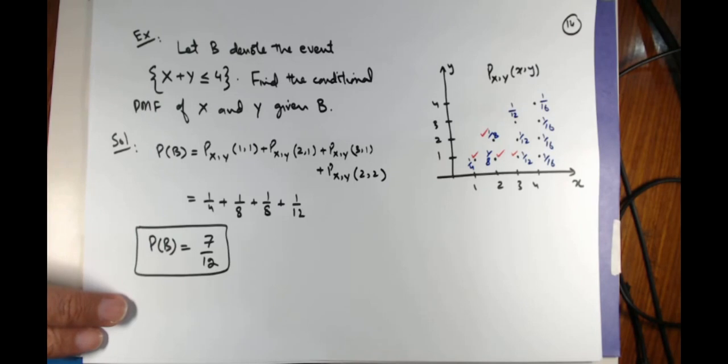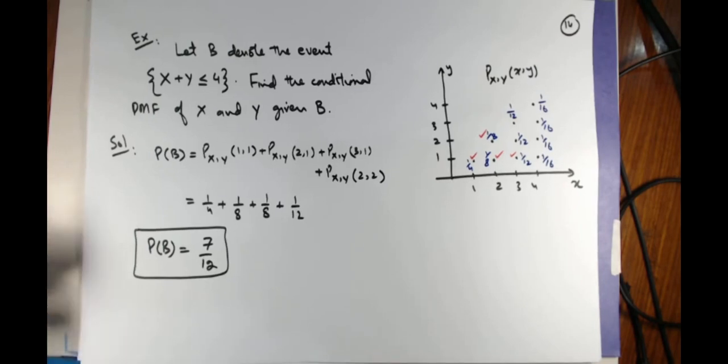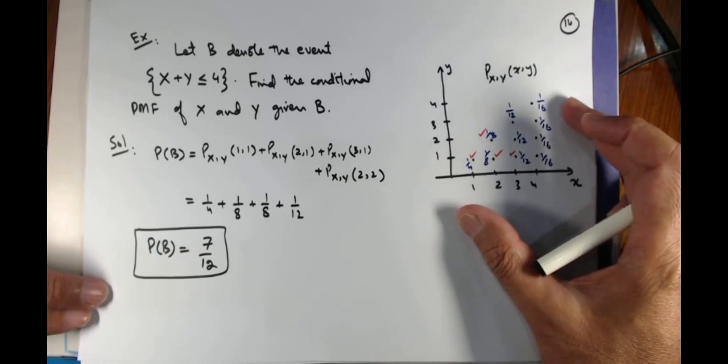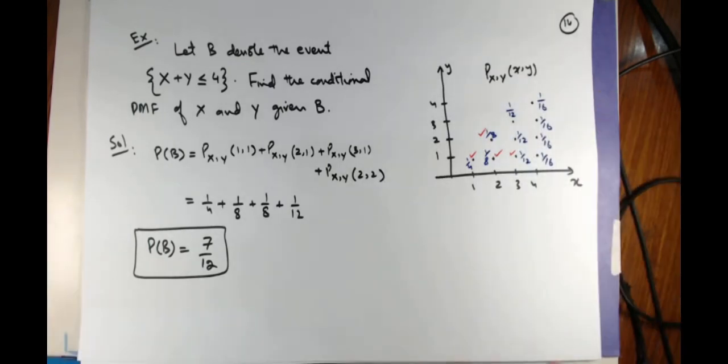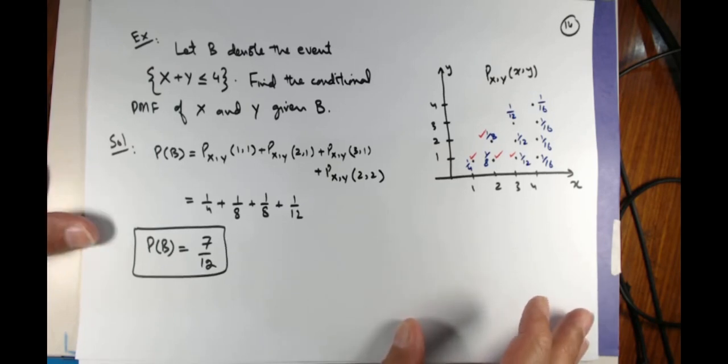over 12. What will be the conditional distribution? Remember, this is the unconditional joint PMF. We need to find the conditional joint distribution.